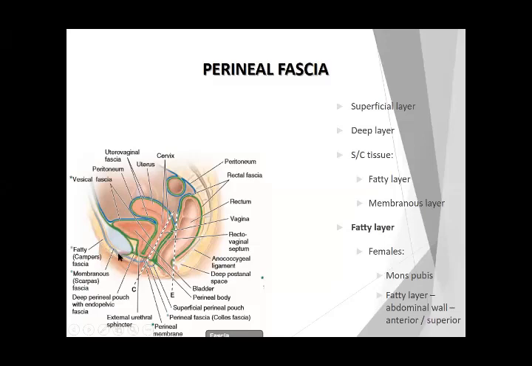So in females, this fatty layer in the perineum continues as the fatty layer of the mons pubis and then the labia majora, and superiorly it continues as the fatty layer of the inferior abdominal wall. So anteriorly and superiorly, this fatty layer continues as the Camper's fascia of the anterior abdominal wall.